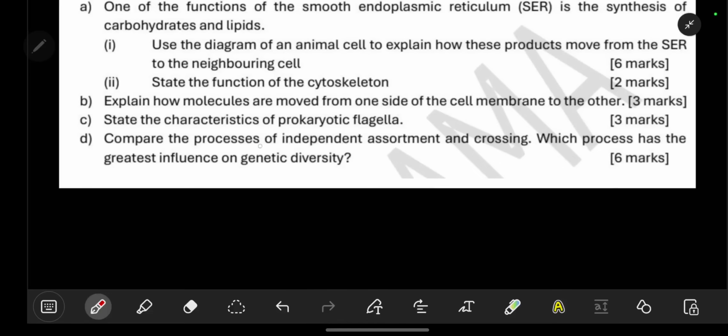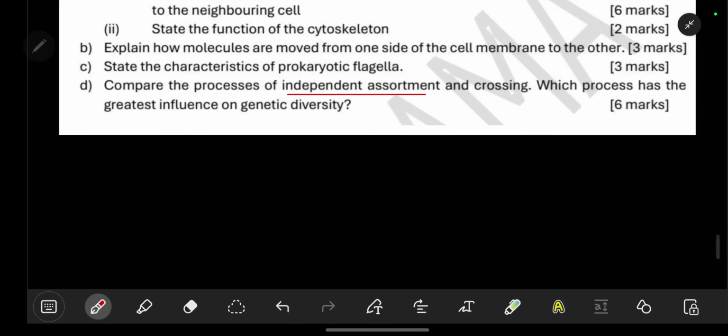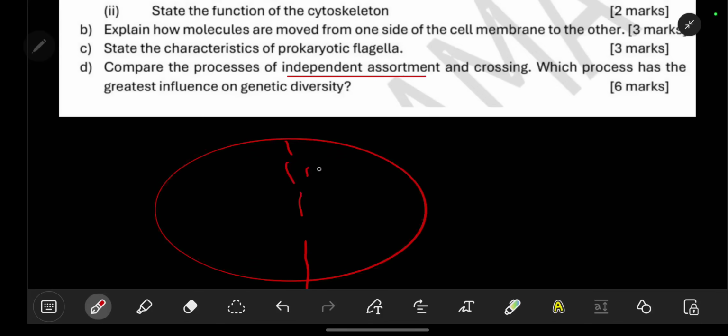So independent assortment is how chromosomes align themselves independently of each other, in the sense that, let's say, during meiosis 1, we have the metaphase plate like that, so chromosomes might align themselves like that, like that, like that. Now these chromosomes, remember, one is coming from the mother, one is coming from the father.